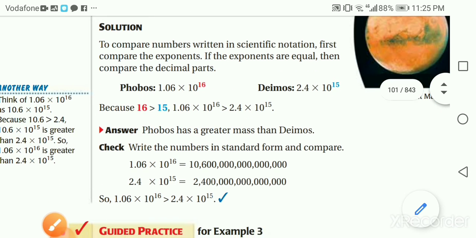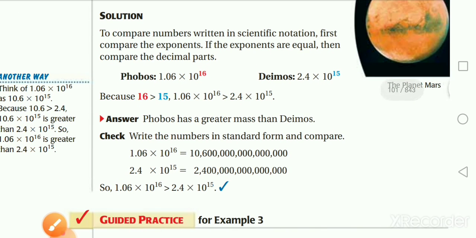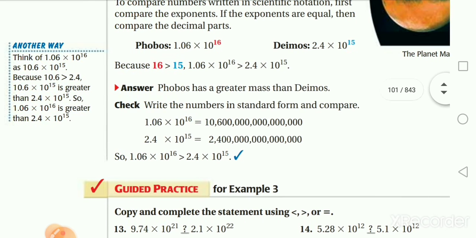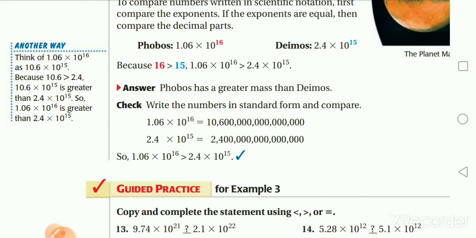Check your answer. You can check your answer by multiplying. 1.06 times 10 to the 16th power: here 10 is repeated 16 times, so you will add 1, 2, 3, 4, 5, 6, 7, 8, 9, 10, 11, 12, 13, 14.